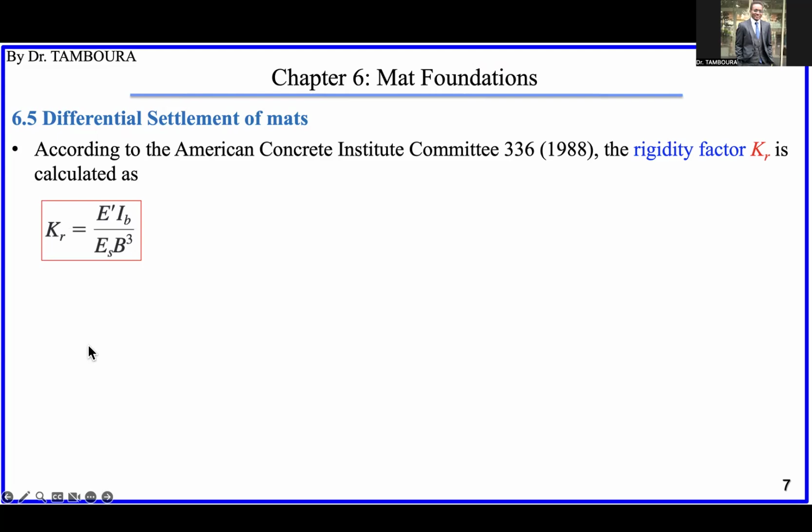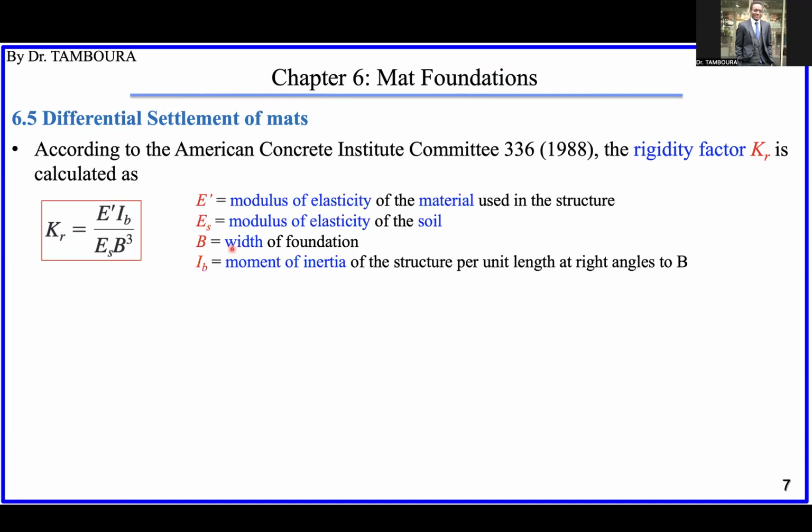What is in this equation? As you can guess, E is the elastic modulus. But for the material and for the soil, let me do this. So E prime is the modulus of elasticity for the material used in the structure.